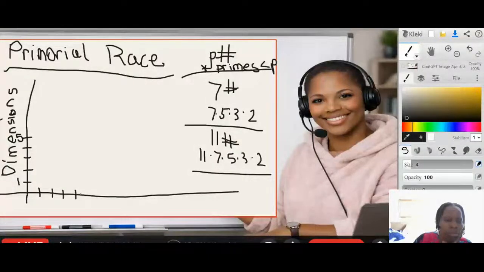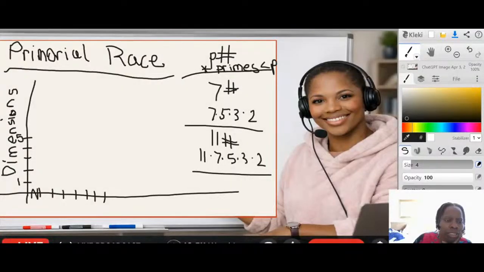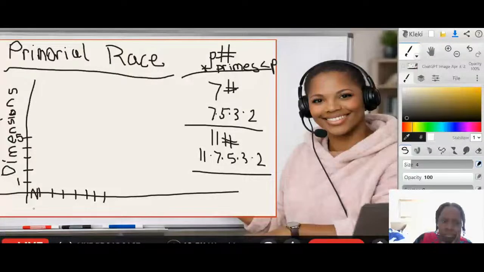Now we start at 1, so what I'm going to do is put this like we're not starting at 0. I don't know. Can you tell that that's a broken graph?